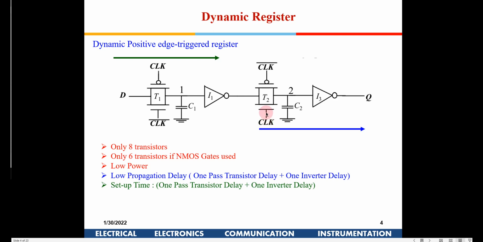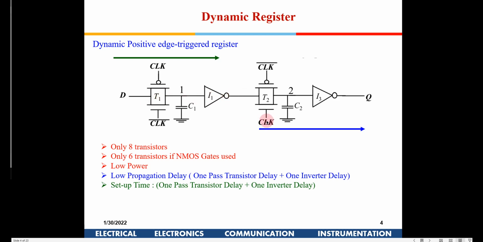So in this case, the positive going clock is available here. Now the data has to travel through one transmission gate and one inverter, and it has to reach here, right, when the clock is low. When the clock is low, this is transparent here. So the total setup time, if you see here, is one transmission time and one inverter time.